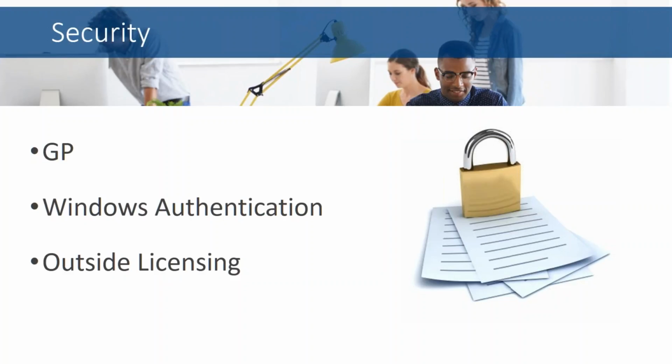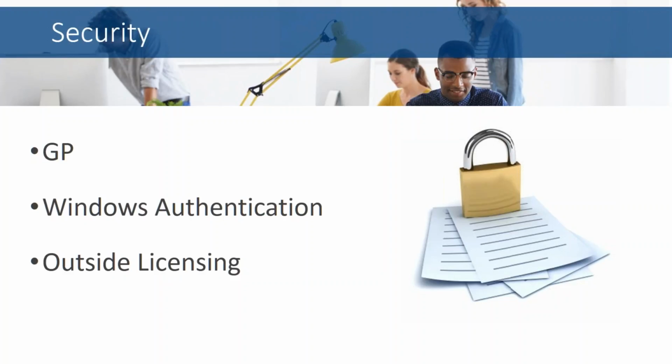Then we have some tools that would be using Windows authentication. Think about something like SSRS, the SQL reporting services, the analysis cubes for Excel. Some tools like that are going to use your Windows login that you log into your network or your computer with. And the third one is what we're going to call outside licensing.